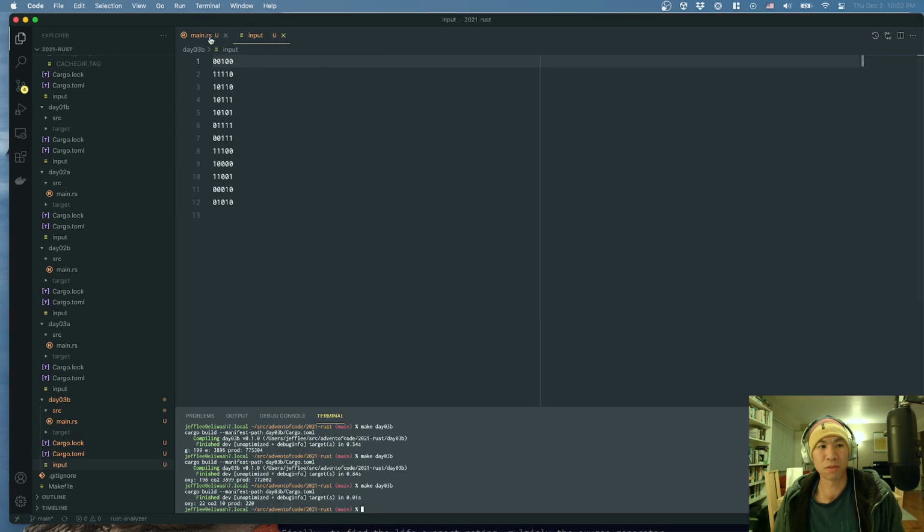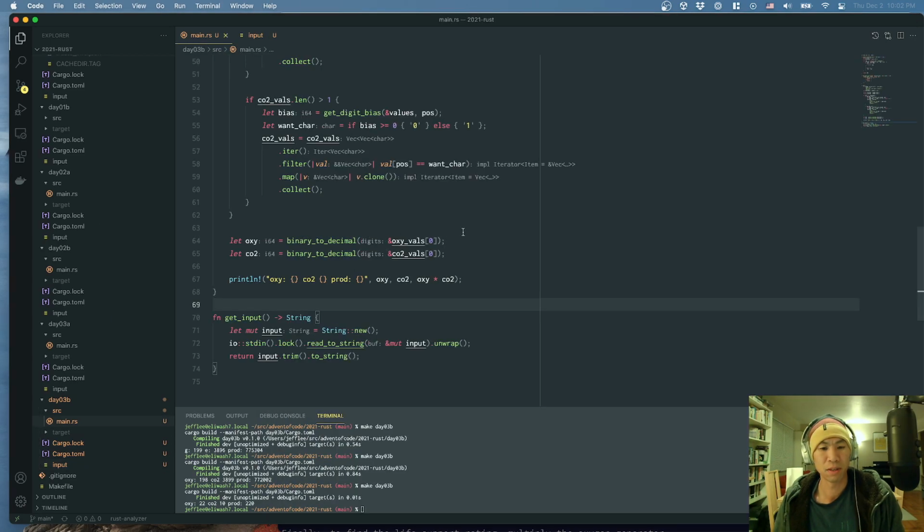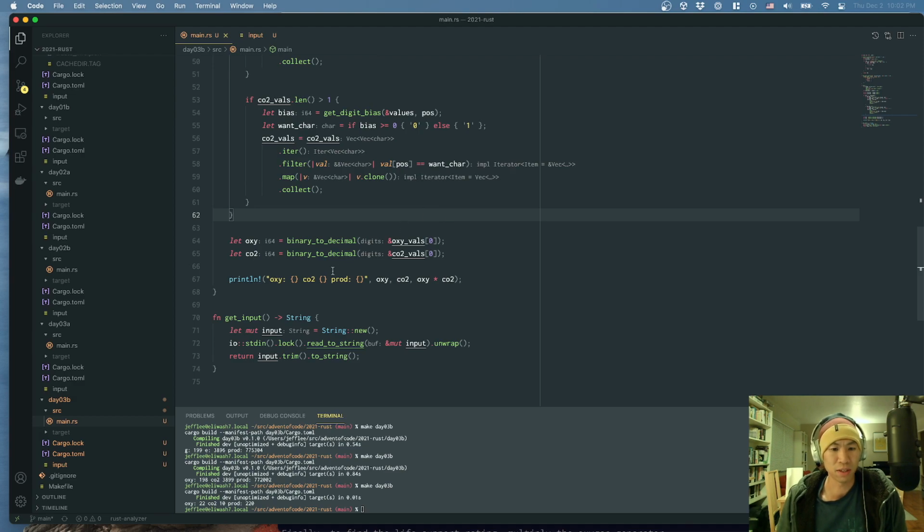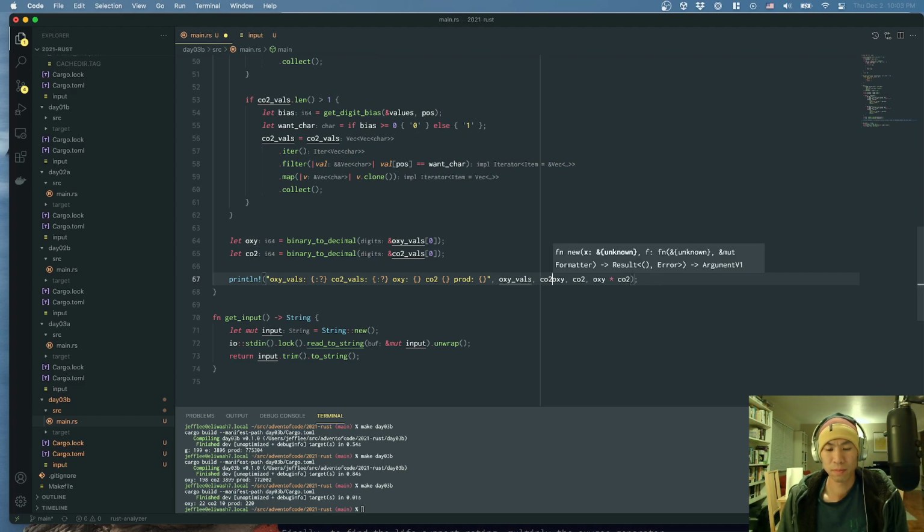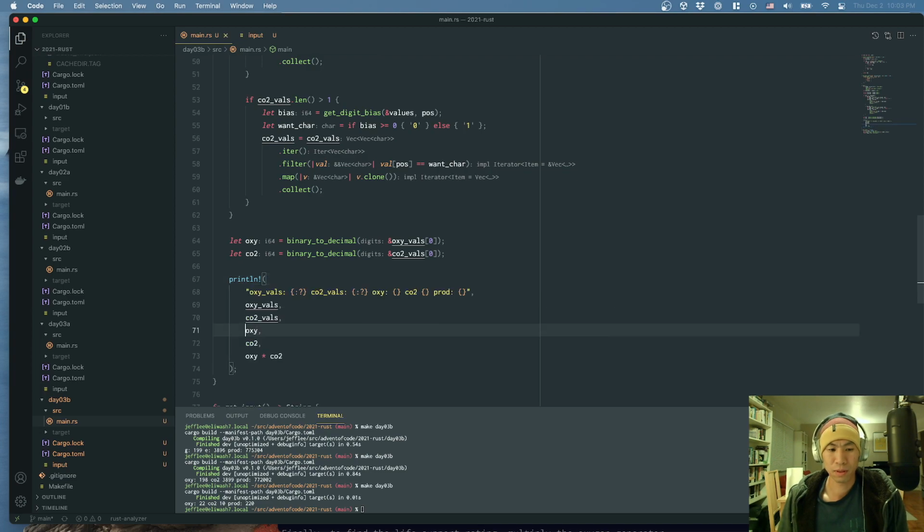Why don't we go ahead and just print out what we think oxy vals and CO2 vals are? And if we got that right, that means our binary conversion is wrong.